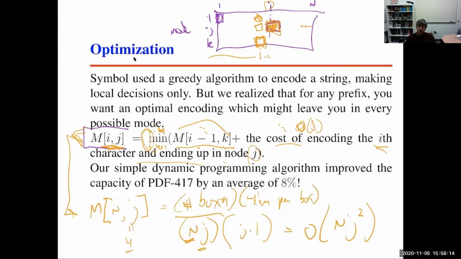Any questions? People kind of see what this is doing? Conceptually, to fill this cell, I am going to presumably be looking at all of the cells in the previous row. I have one possibility coming from here, one possibility from here, one possibility. Any questions about that?